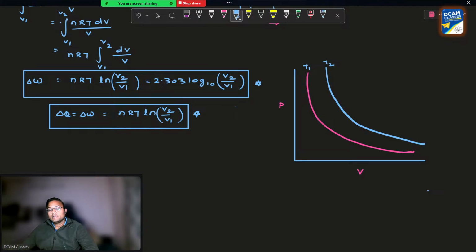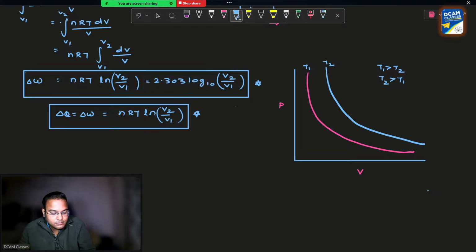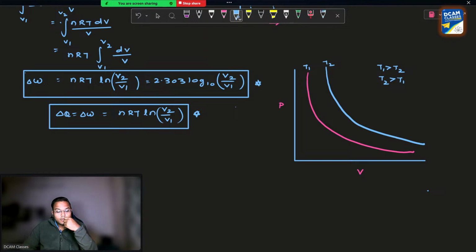Now, can you say which is greater? T1 is greater than T2, or T2 is greater than T1? Which will be correct? Which is greater than what? Think and then give me the answer.